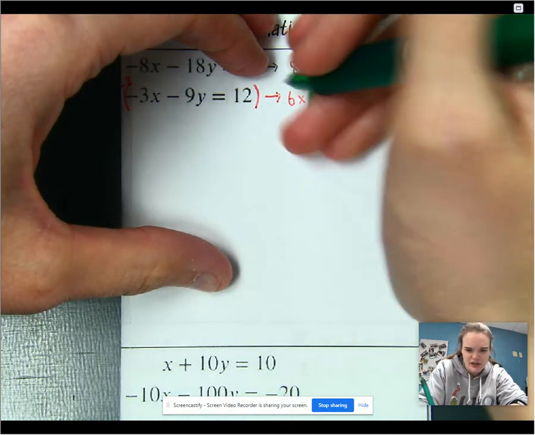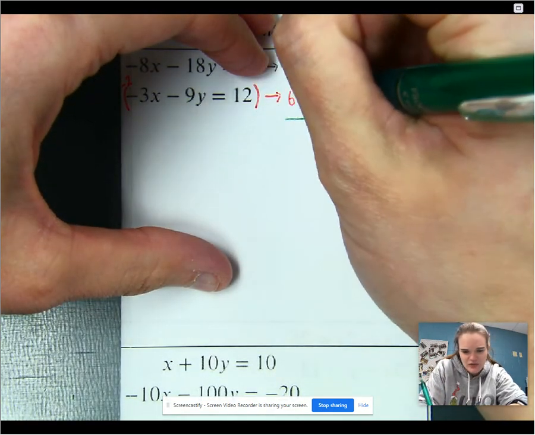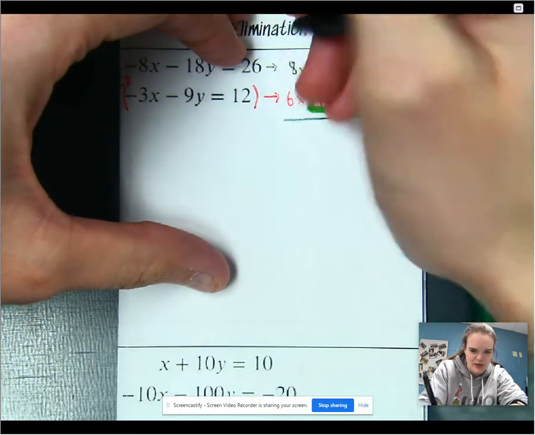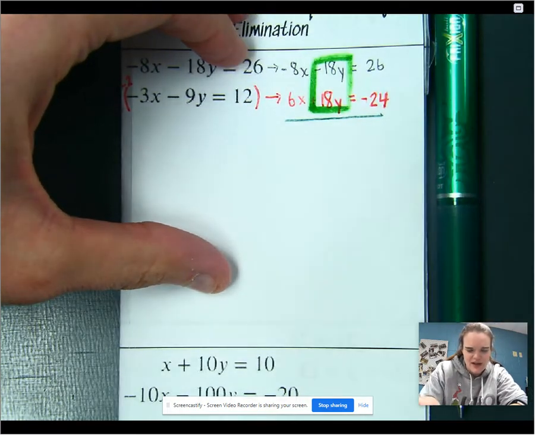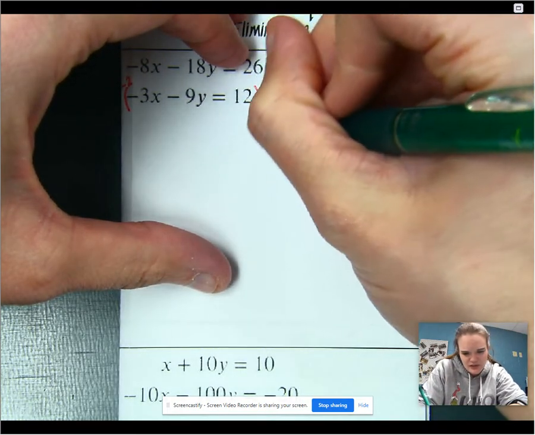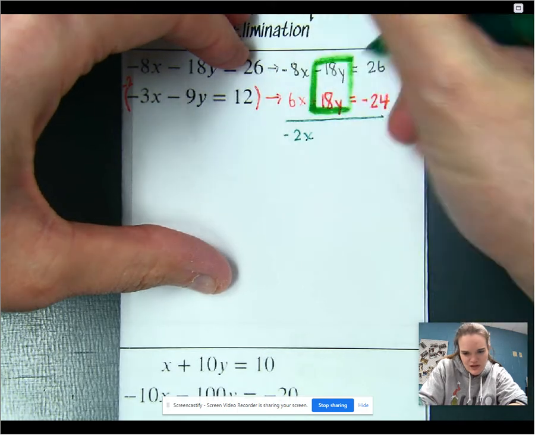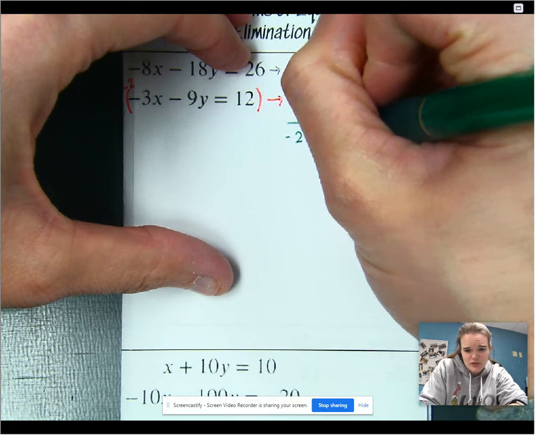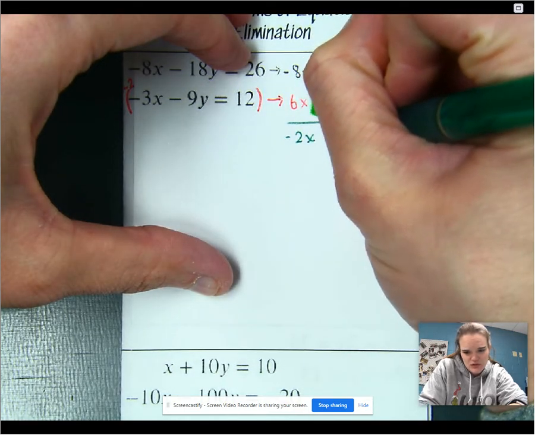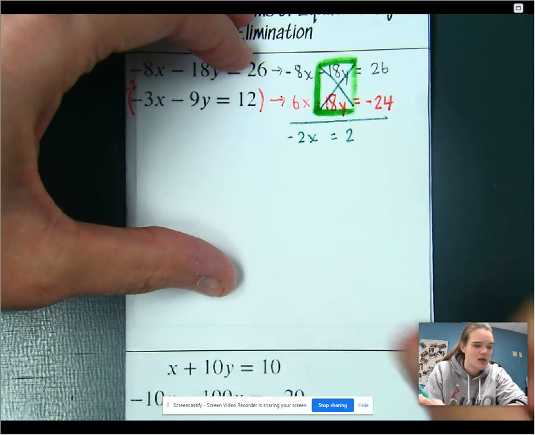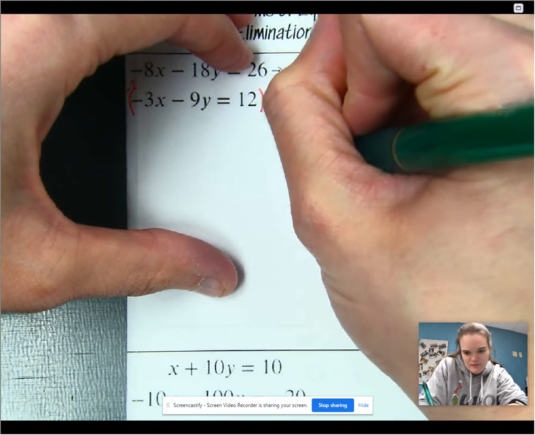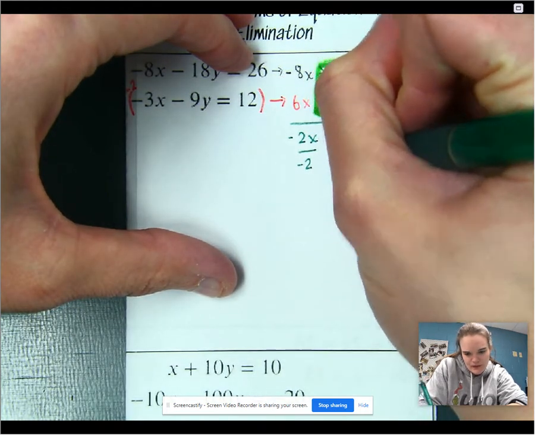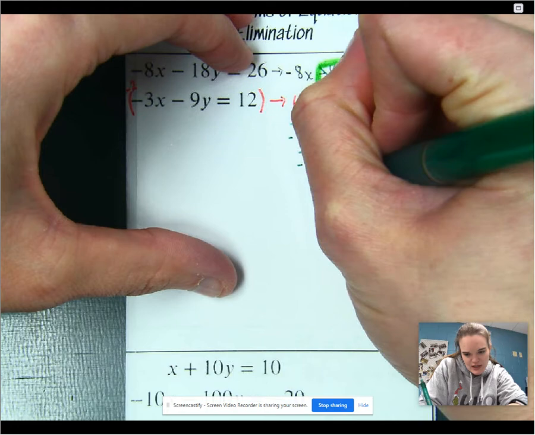I'm going to add straight down. 8x, negative 8x, make sure you bring it down correctly. Negative 8x plus 6x is negative 2x. These cross out, and that is equal to 2. 26 minus 24 is 2. Divide by negative 2. So x equals negative 1.